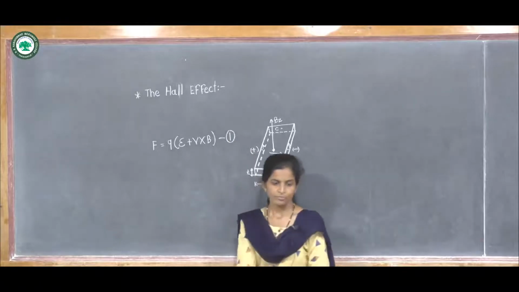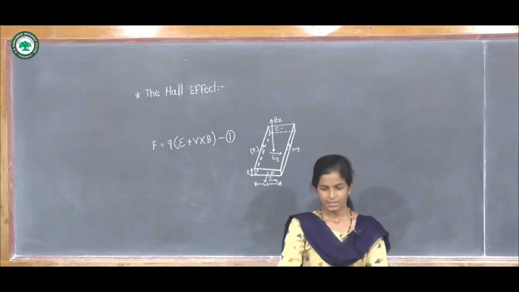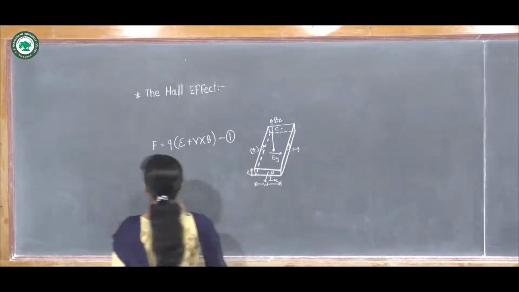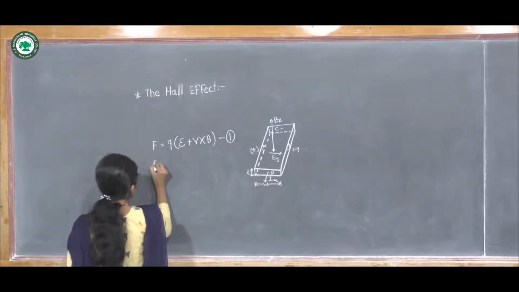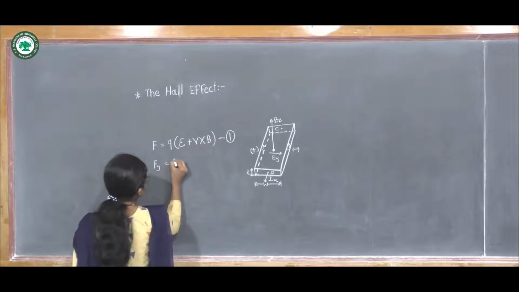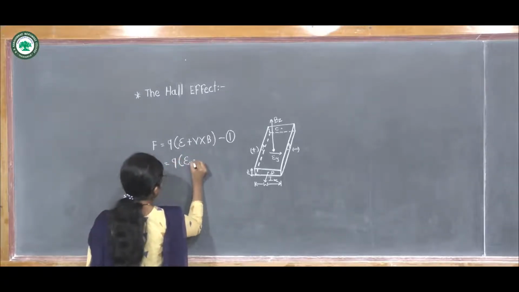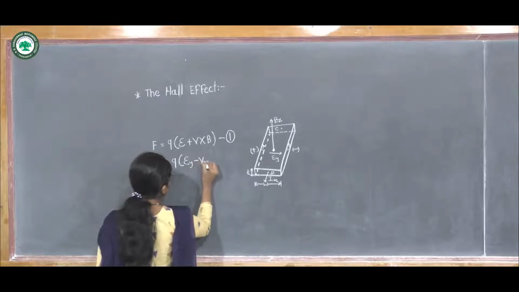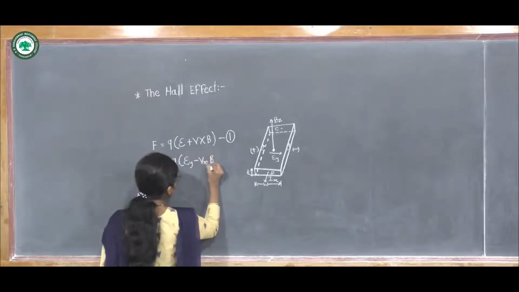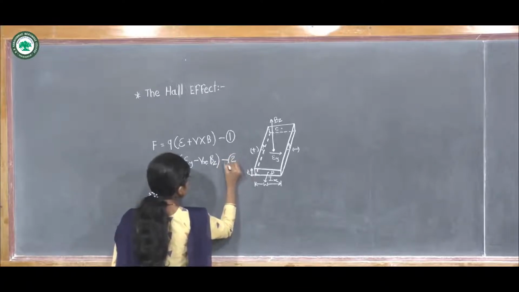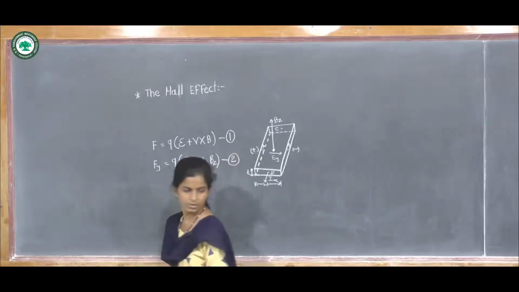If we consider the force in y direction, then one may write F_y is equal to Q into epsilon_y minus V_x B_z. So this is equation number 2.